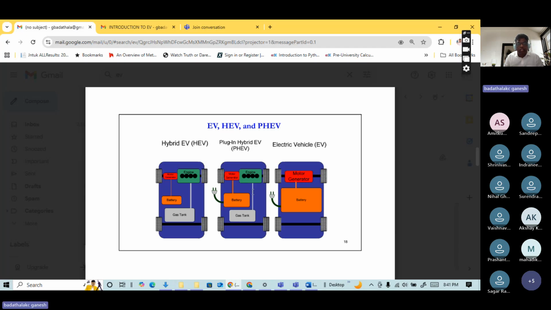Next, we have today's latest technology, that is plug-in hybrid vehicle. You have a battery you are charging, and you are also having a hybrid supporting petrol tank. In such circumstances, when the battery is out of coverage area, when you are not having the charging point, you are going to take the help of the petrol, which is already there in your petrol tank. So that is plug-in hybrid electric vehicle.